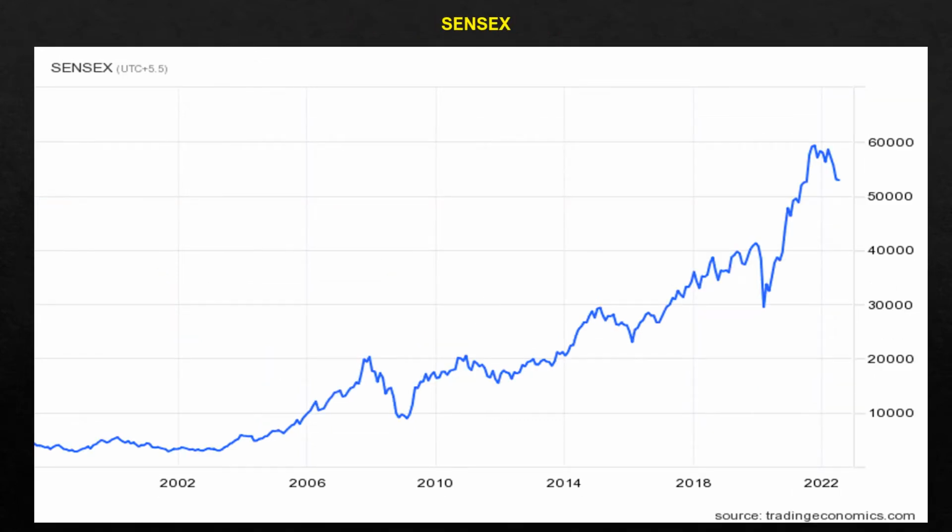Let's come to this third chart, which is our favorite, the Sensex. As all of us know, Sensex is the top 30 stocks in the country. Now, one thing remarkable in terms of the long-term direction of this chart, the structural direction, which is very heartening, is that it is structurally on the rise.